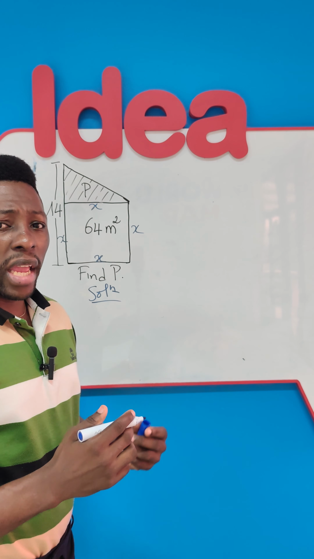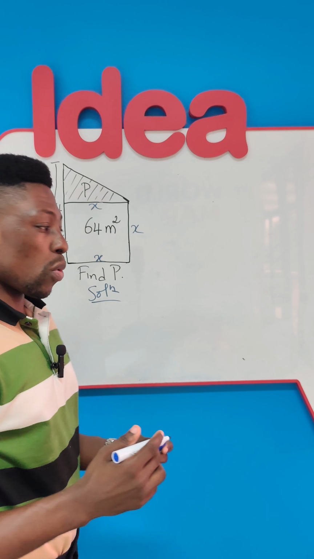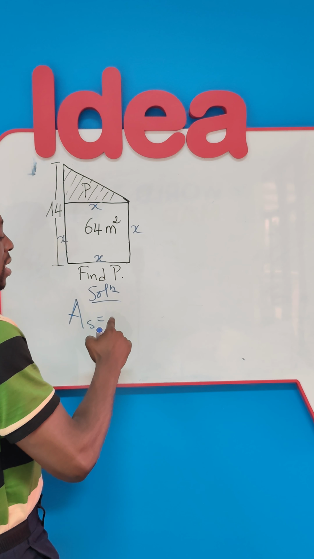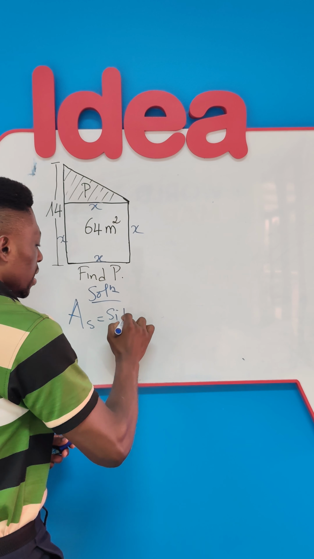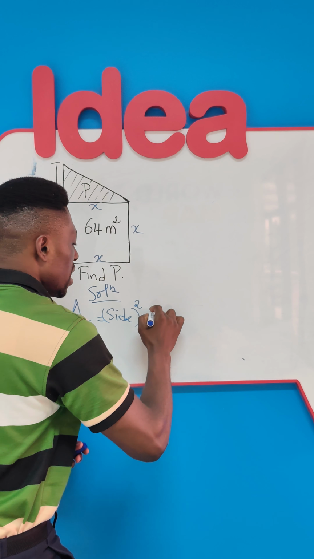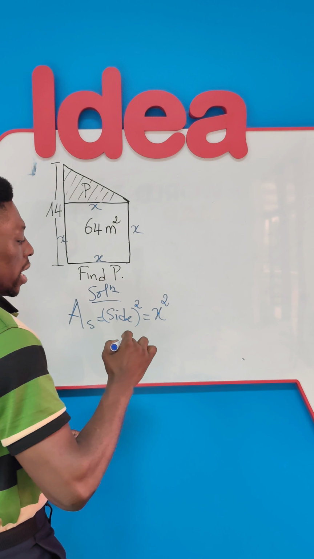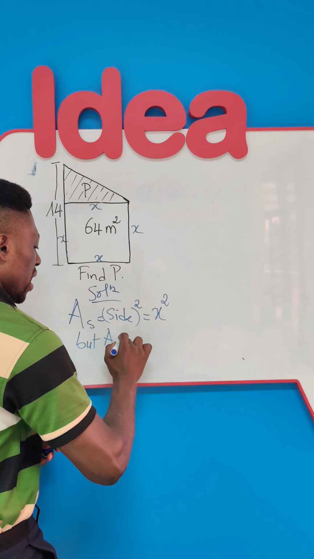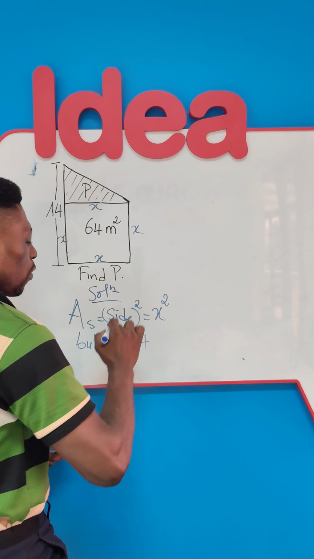Let us recall the formula for the area of a square. Area of a square is equal to side squared, which in this case is going to be x squared. And the area of the square has been given as 64.